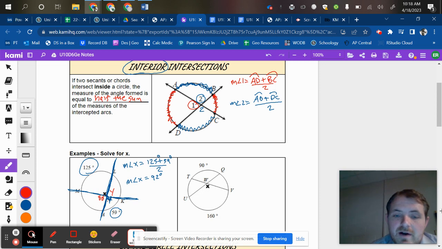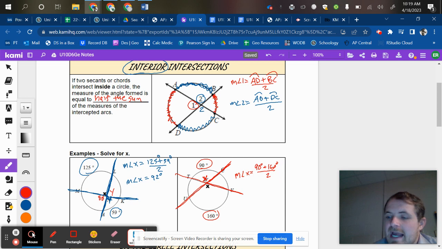Now we've got also angle X over here. What gets created is 160. And again, by vertical angles, we also have angle X there. So we've also got 90 right there. So again, that angle X, I'm going to add up the two arcs that got created and divide by 2.